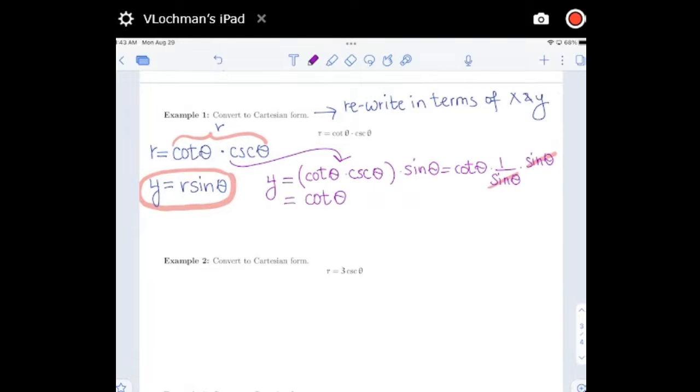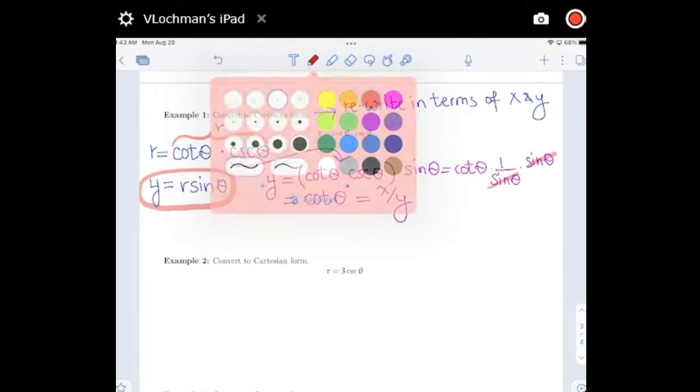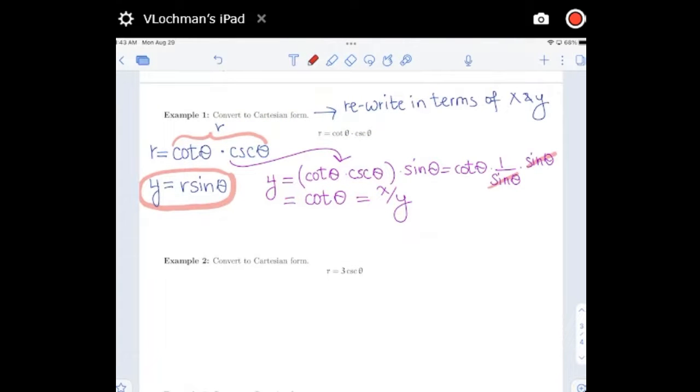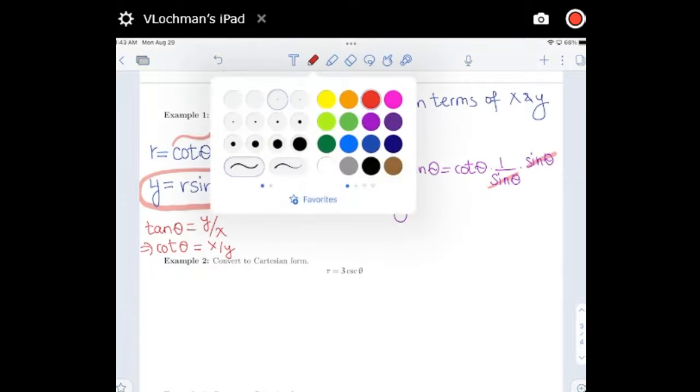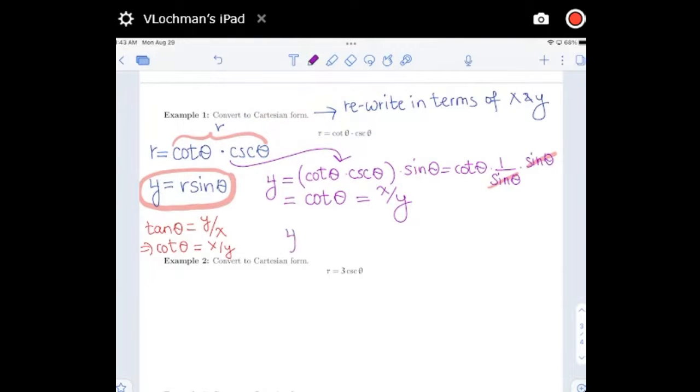And cotangent theta is just another way of writing x over y, because remember, that's another equation here, that tangent theta is equal to y over x, which means cotangent theta is x over y.